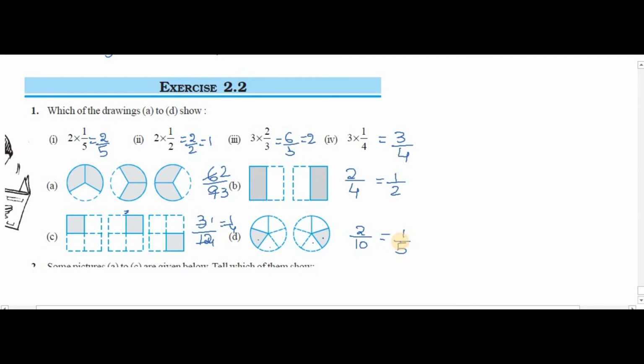So we will see this 2 by 5. The first one is matching with D1, because 2 by 5 can be written as 1 by 5 and 1 by 5. That is the reason I am saying D1. And next is 1, the whole part. Here I'm not getting any other part. 2 parts.